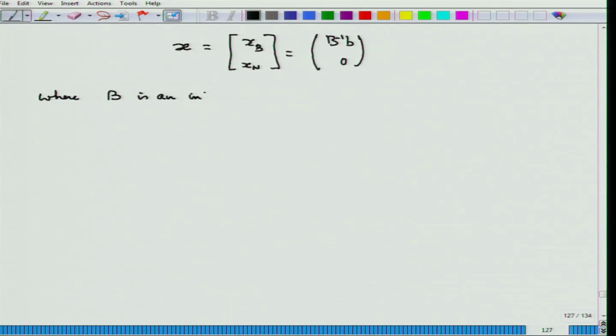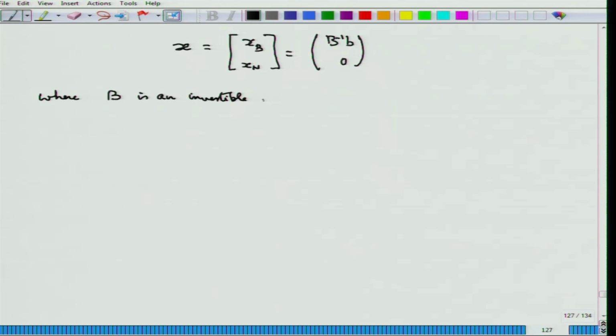So, if x is an extreme point, it can be represented like this, and if x can be represented like this, then x is an extreme point, where B is an invertible m cross m matrix satisfying B inverse b greater than or equal to 0. So, this is what is called a BFS.